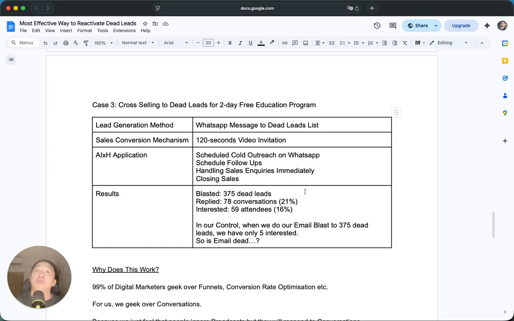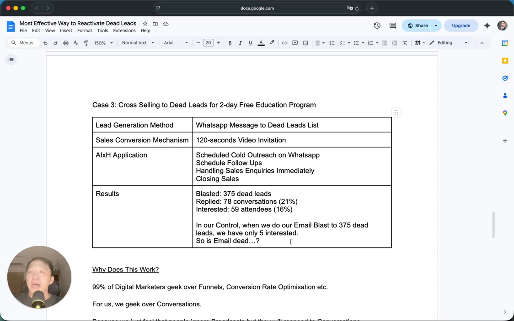So the results: we blasted to 375 date leads, and 78 conversations replied, basically 20% of them replied, with about 16% interested. And in our control, if we were to blast out an email to 375 date leads, we would probably have less than 5 interested.